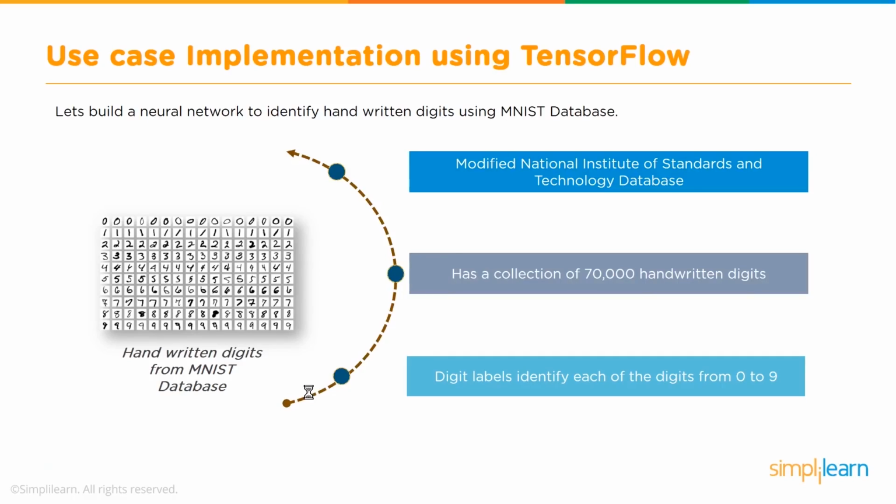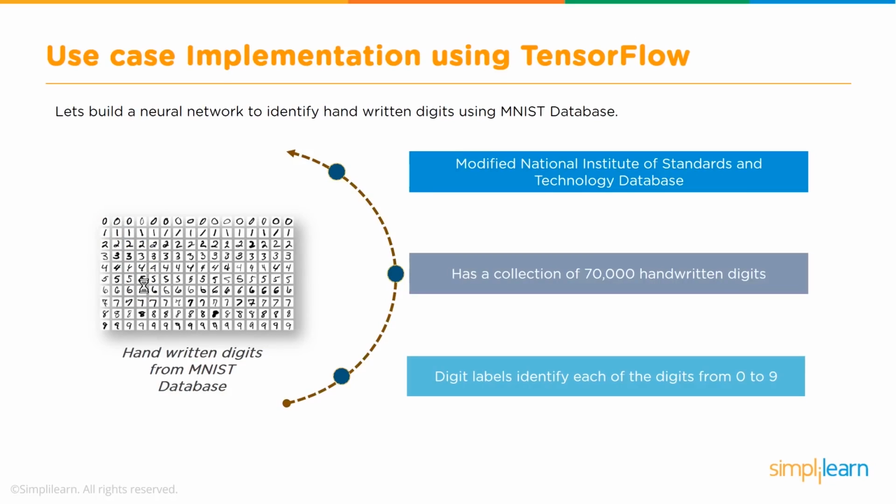It has a collection of 70,000 handwritten digits, and a large part of them are for training. Then you have test, just like in any machine learning process, and then you have validation. And all of them are labeled, so you have the images and their labels. These images look somewhat like this. They are handwritten images collected from a lot of individuals. These are samples written by human beings.